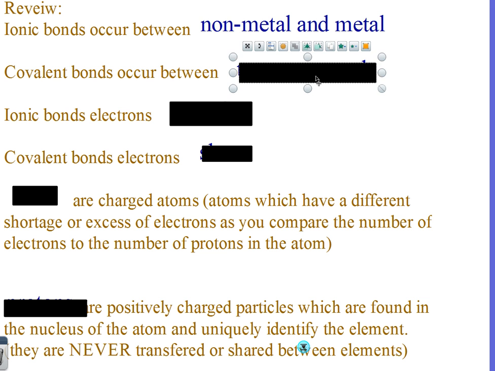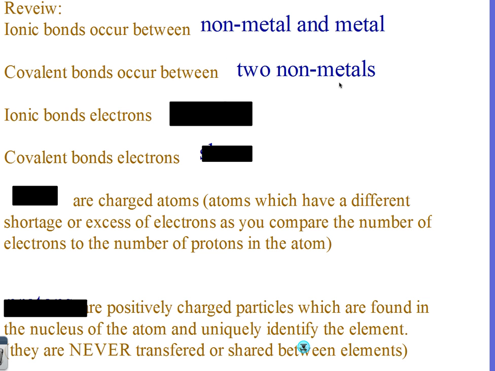Covalent bonds occur between two nonmetals. A nonmetal atom and a nonmetal atom form a covalent bond. When we have ionic bonding, electrons will transfer between atoms. So they're transferred from the metal atom to the nonmetal atom.